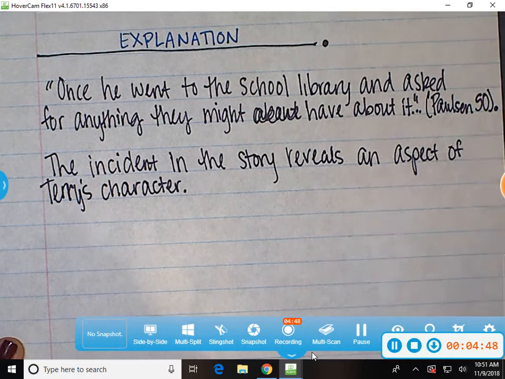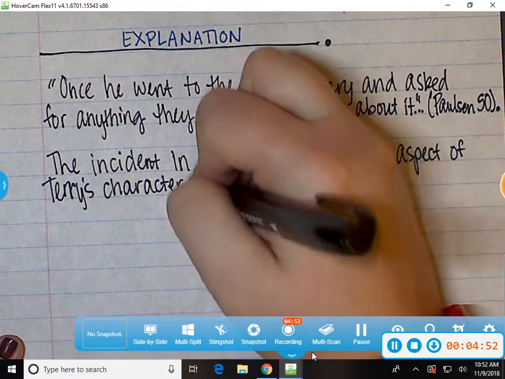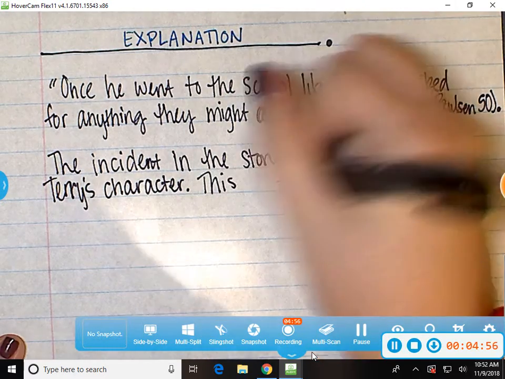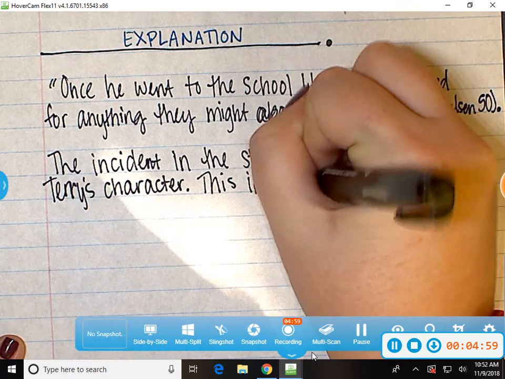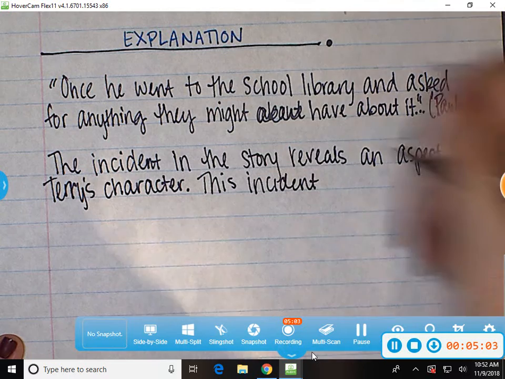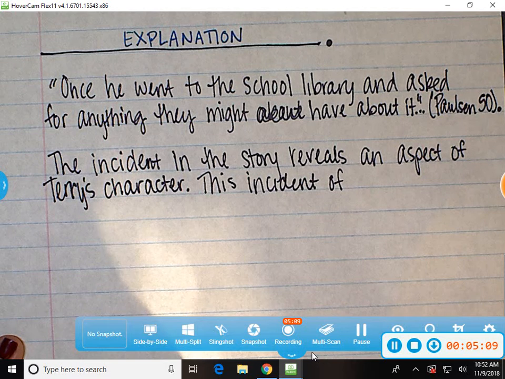So then we're going to go with our next sentence. So we have our restate, we have our answer. And then remember, we do the same thing that we put for number one. So this incident, because we're not going to change it up. We're not going to change it to dialogue all of a sudden. It's still an incident. Of, and then we state the incident. Terry going to the library to look for books about Vietnam.